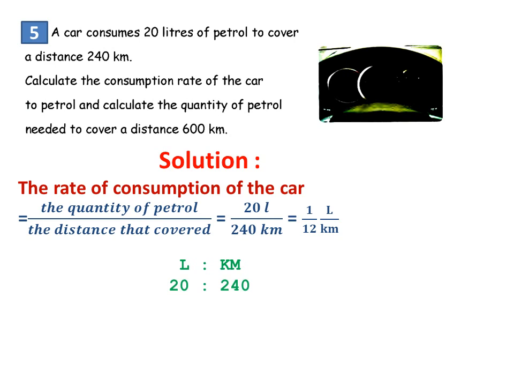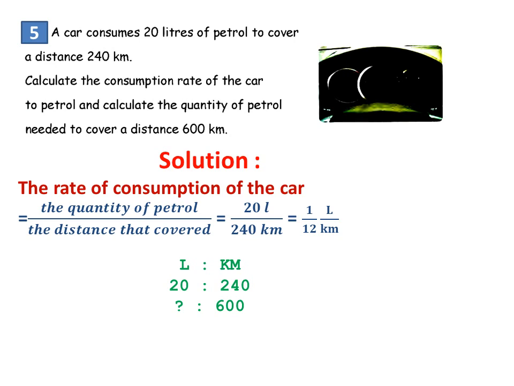The second ratio: he demanded to know the quantity of petrol in liters to cover 600 kilometers. So we will put 600 under the term of kilometer, and a question mark under the term of liter. So question mark to 600 kilometers.